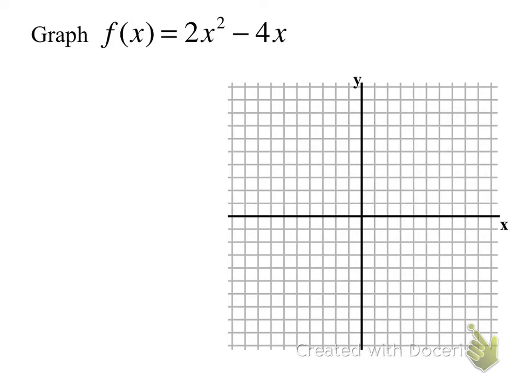Well, let's see. Okay, what is my y-intercept here? Negative 4x. Be careful. In y equals mx plus b, y equals 3x plus 4. What is my y-intercept? Positive 4. Okay, so is there a variable with the y-intercept?